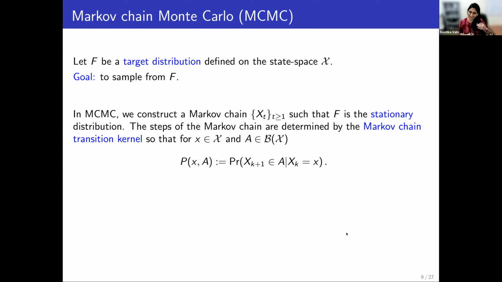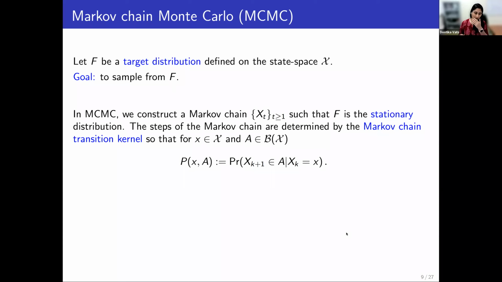Given a point X in my state space and given a nice set A, I can't talk about moving to another point Y, because this is a general state space and I can't really measure probabilities of going from one point to another point Y, but I can measure probabilities of going from one point to a set.